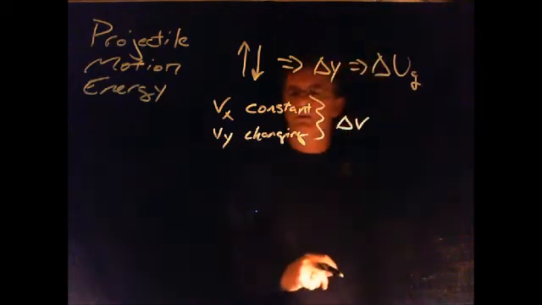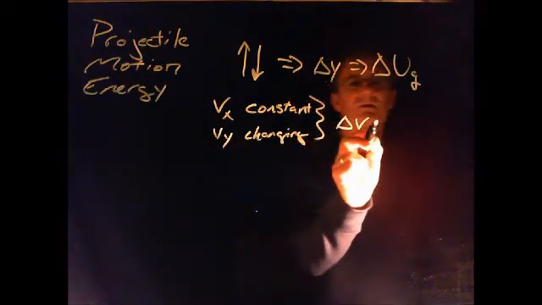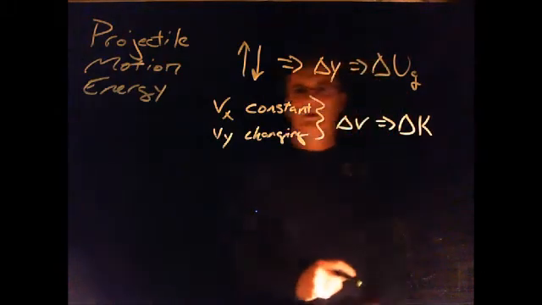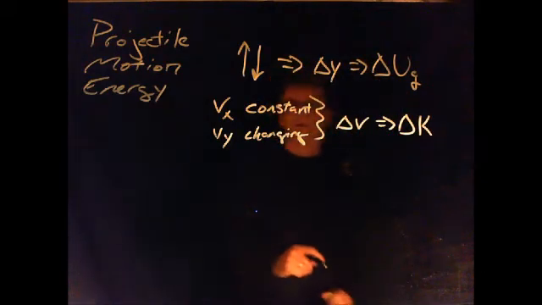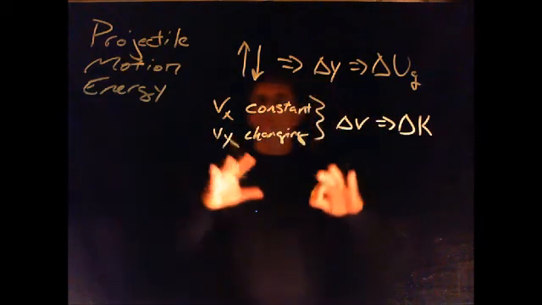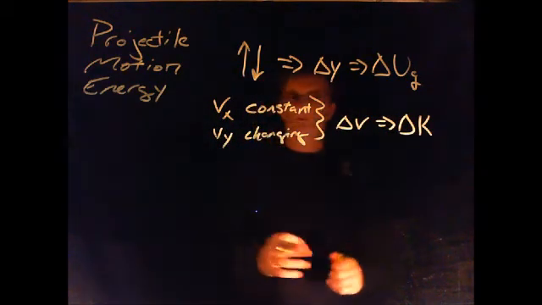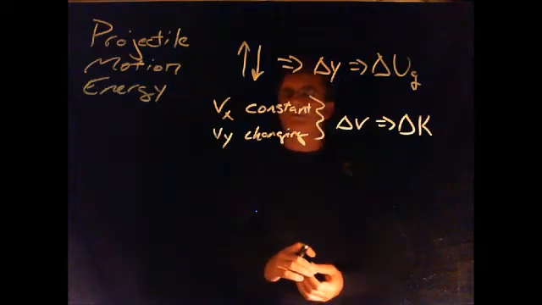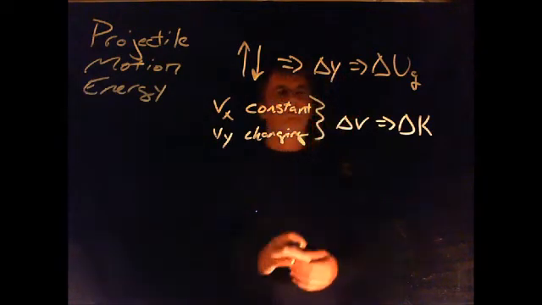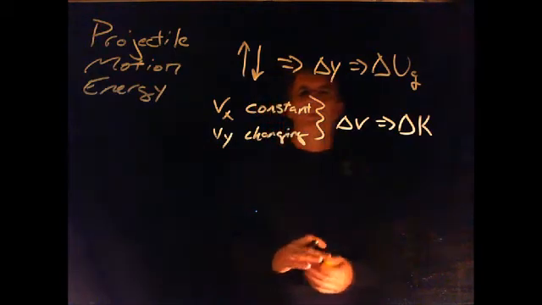I'm going to talk about that in a second. And so as a result, we are experiencing a change in kinetic energy. Now, assuming we have a closed system, no air resistance, which is typically the situation, or always the situation, we're going to have conservation of energy.